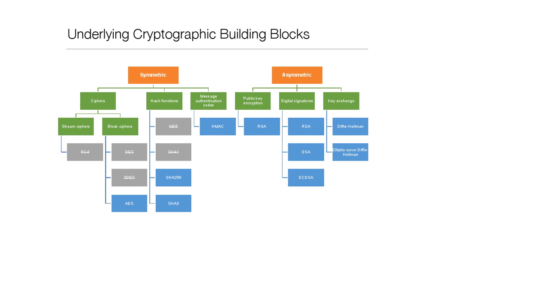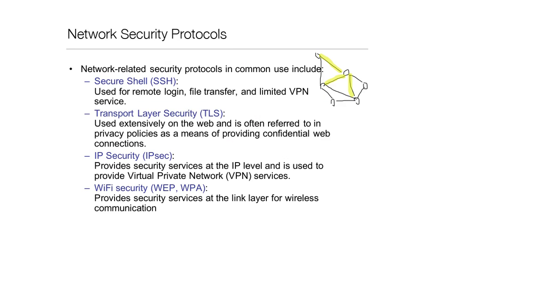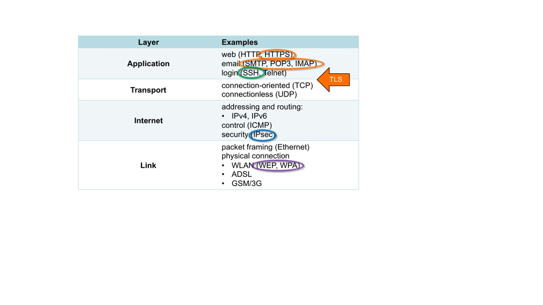And for key exchange, Diffie-Hellman or elliptic curve Diffie-Hellman are the current standards. These are the cryptographic building blocks we learned, and they are actually applied in these different layers to provide the necessary protection.